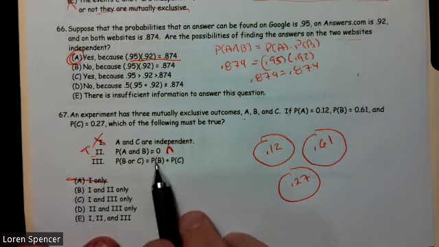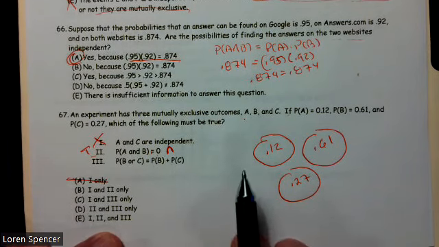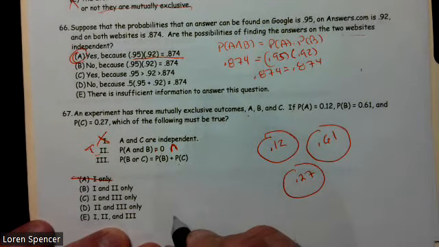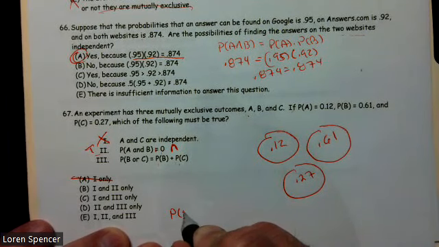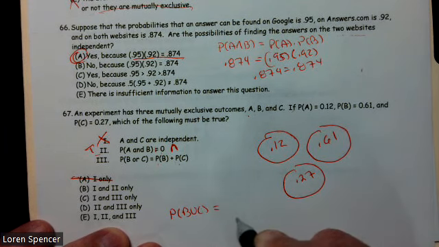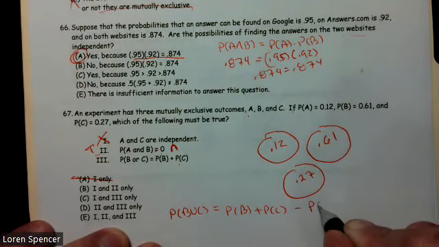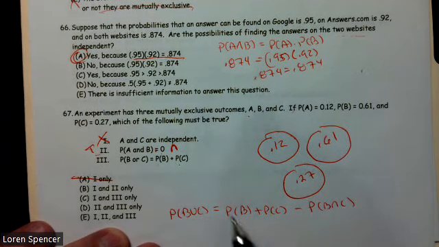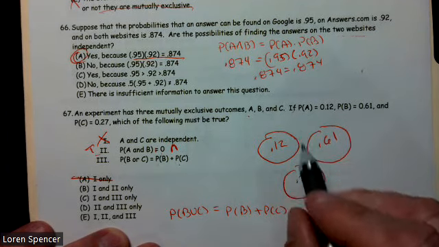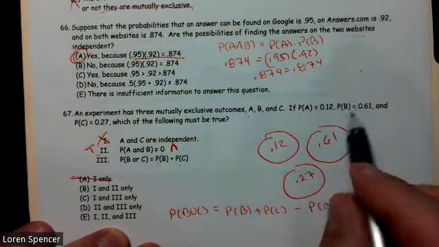Now, the probability of B or C equals the probability of B plus C. Well, we need to be really careful about that. The probability of B or C is asking for the union. So B union C equals the probability of B plus the probability of C minus the probability of B and C. Well, B, we know, is 0.61.